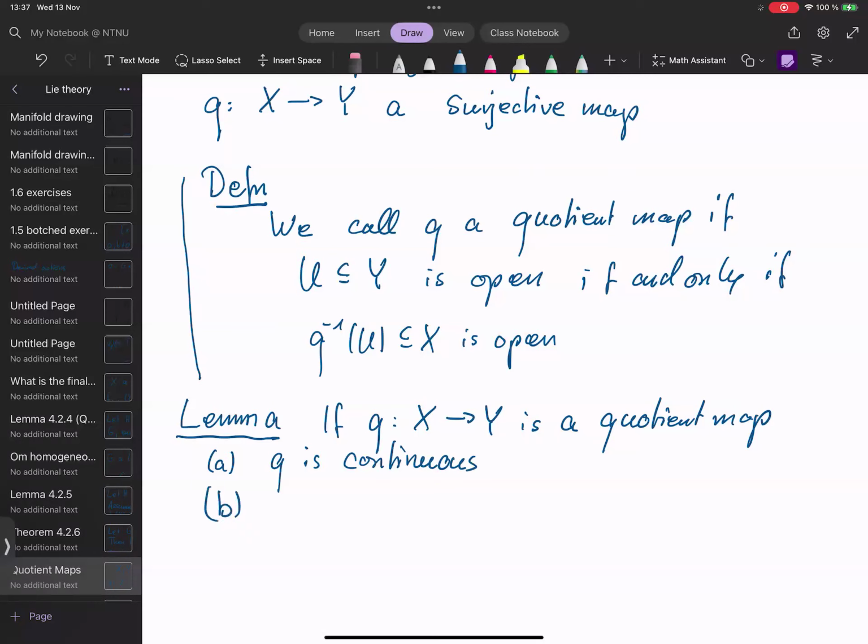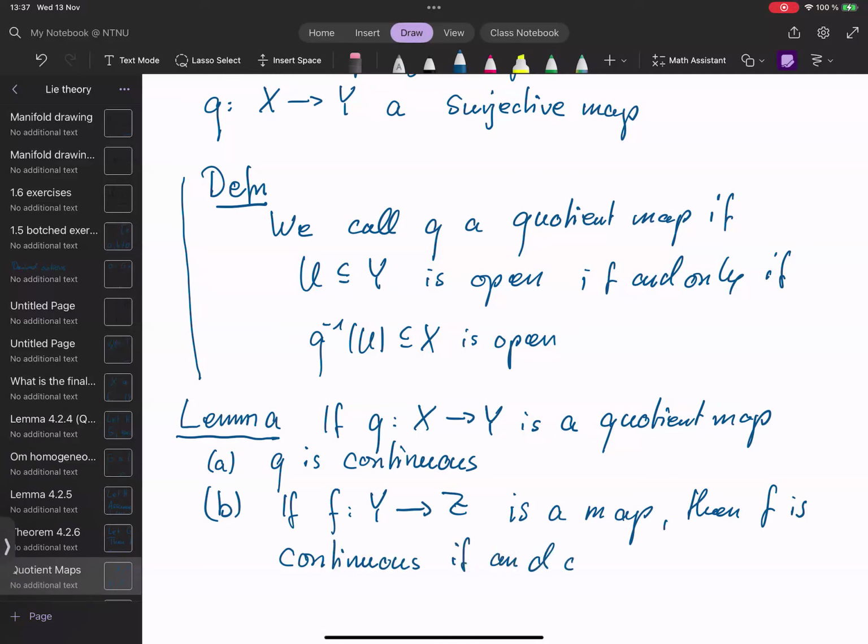And part B, if, let's say, another map F from Y to a third topological space Z is a map, then F is continuous if and only if the composition of these two things is continuous.